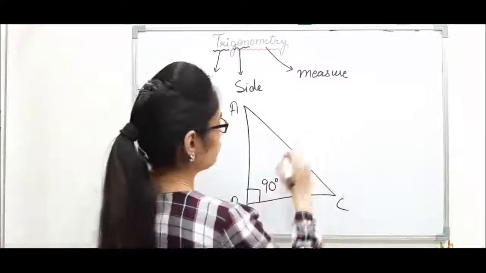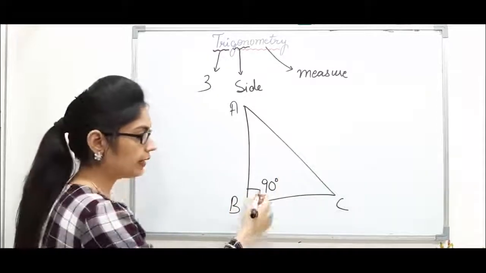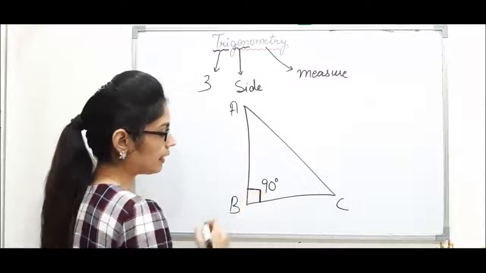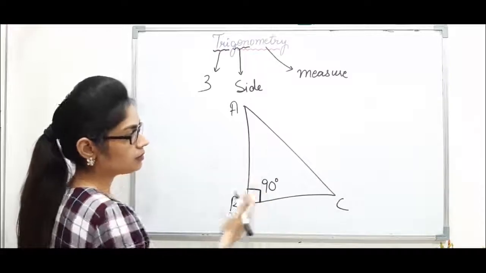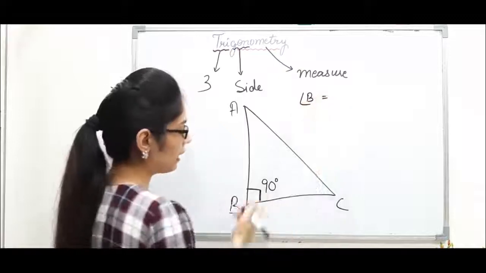First of all, you have to understand, in a right angle triangle, one angle is 90 degrees. So let us assume this is a right angle triangle in which angle B is 90 degrees.